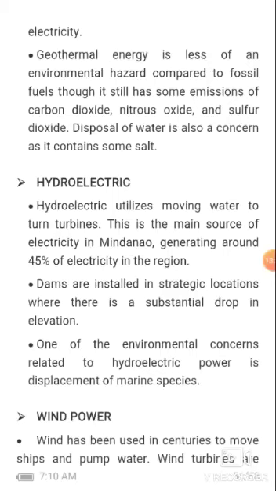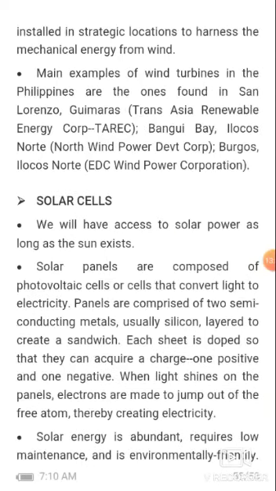One of the environmental concerns related to hydroelectric power is displacement of marine species. Next is wind power. Wind has been used for centuries to move ships and pump water. Wind turbines are installed in strategic locations to harness the mechanical energy from wind. So if you are familiar with the windmills in Ilocos.